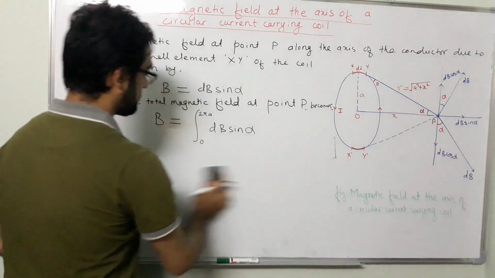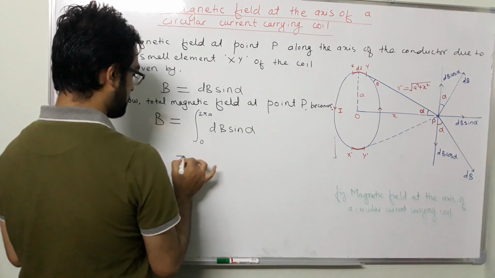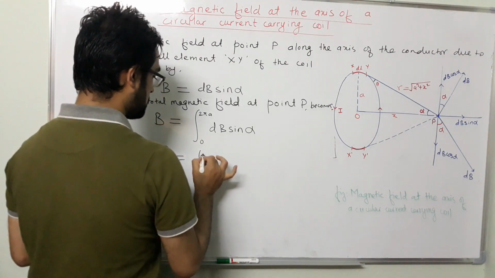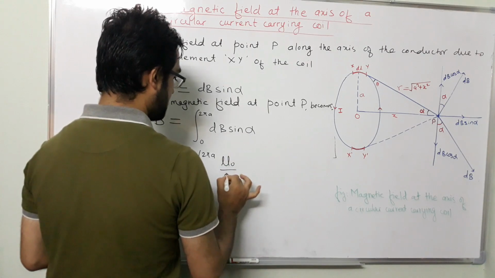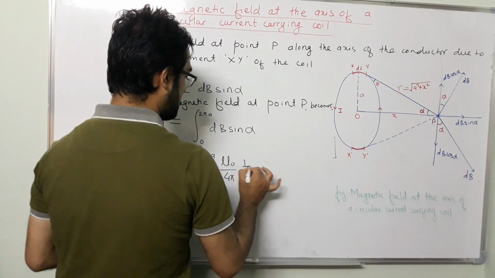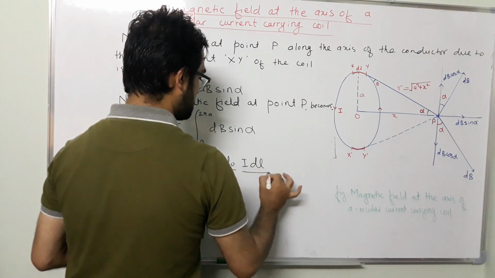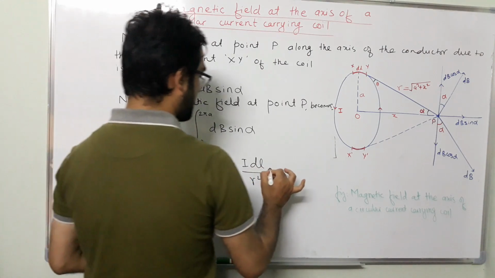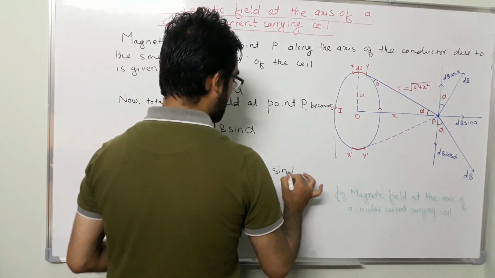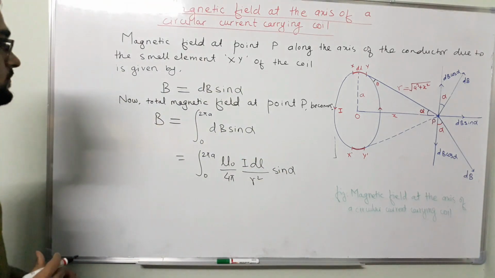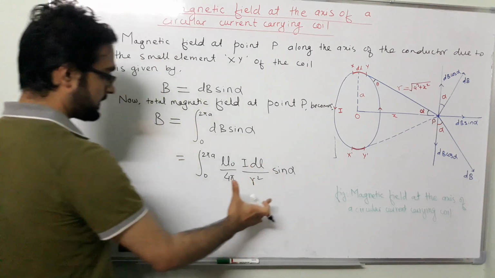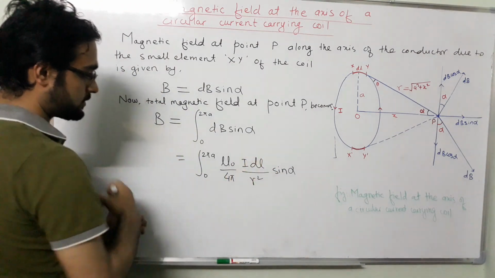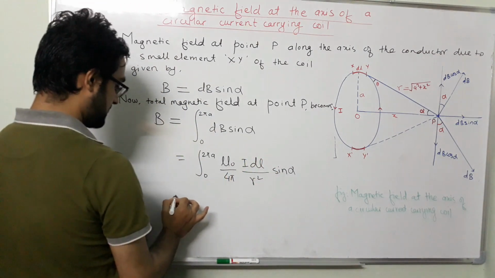Now this becomes equal to the integral from 0 to 2 pi a of mu naught by 4 pi I dl divided by r square into sin alpha. Here all the terms are constant except this dl. That's why we take all the other terms out of the integration.